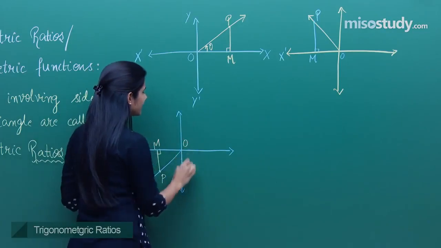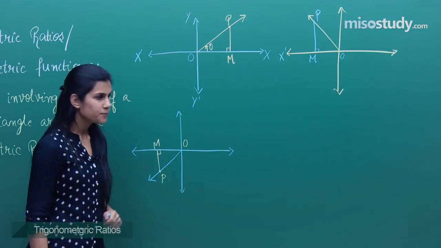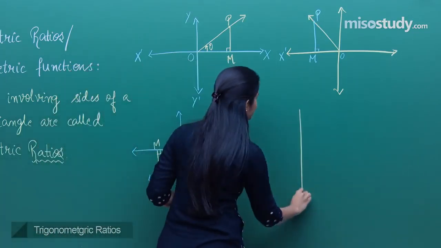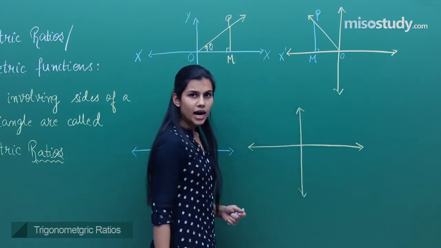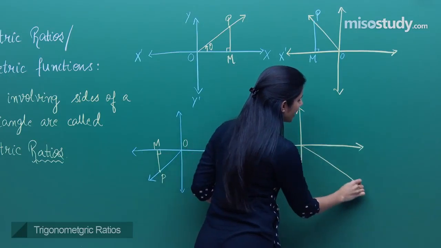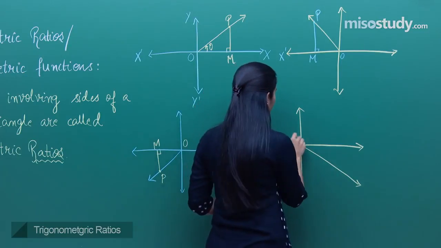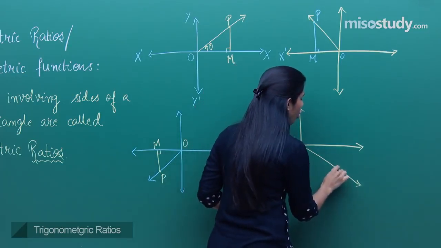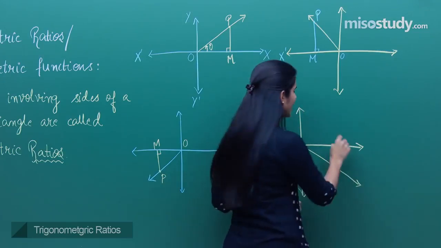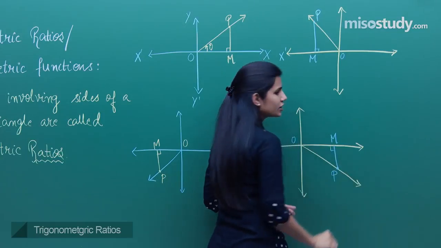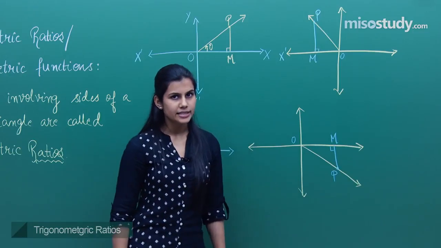This again results in a triangle OMP, which is the triangle of reference. The very last way is when the terminal ray lies in the fourth quadrant. Again take a point P on the terminal side and drop a perpendicular on the x-axis. What you obtain is another triangle of reference, triangle OMP.